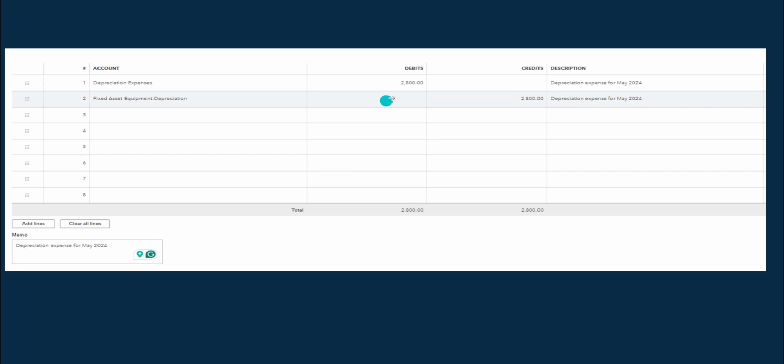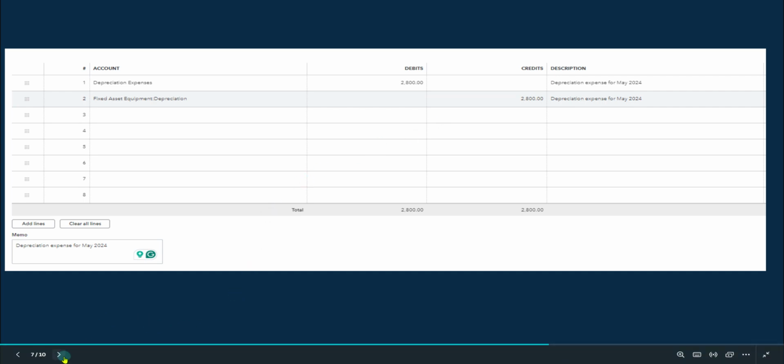Every month $2,800 will show up in your P&L as your depreciation expense, and the other side is the cumulative depreciation. It will show as your contra account, the cumulative depreciation account, negative against your fixed asset amount.